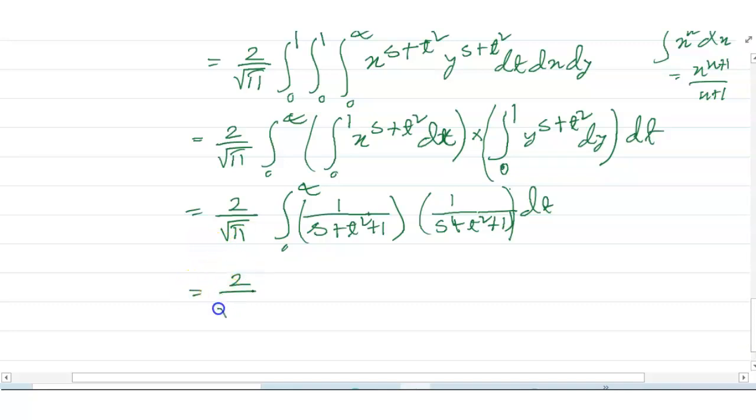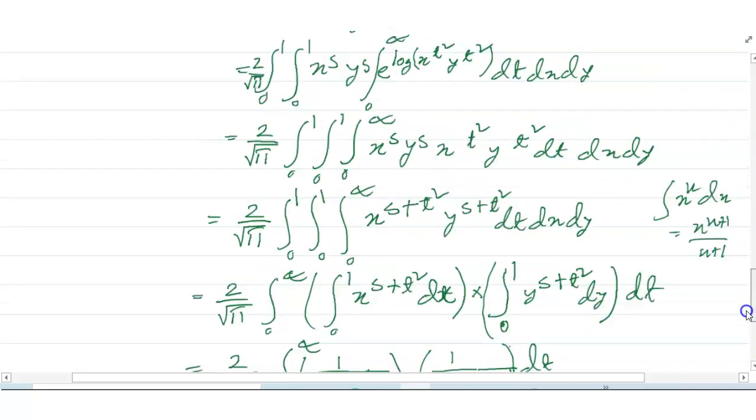So it can be written 2 divided by root over pi, 0 to infinity, this problem is convenient.